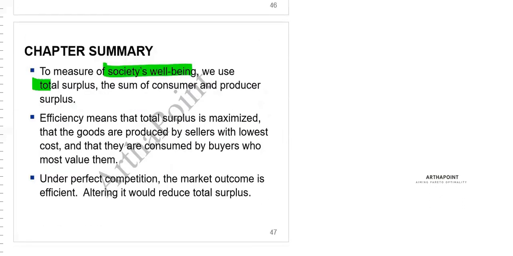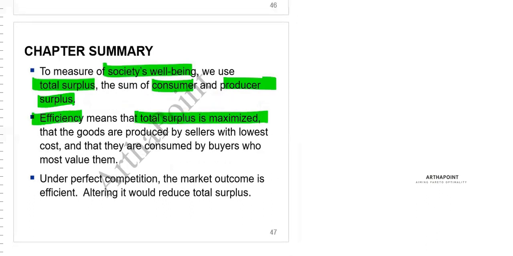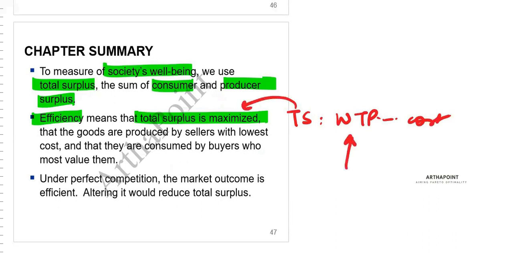Society's well-being is measured by total surplus. It is the sum of consumer and producer surplus. Efficiency is when total surplus is maximized. Because total surplus is willingness to pay minus cost, you can maximize total surplus either by increasing this or decreasing this.